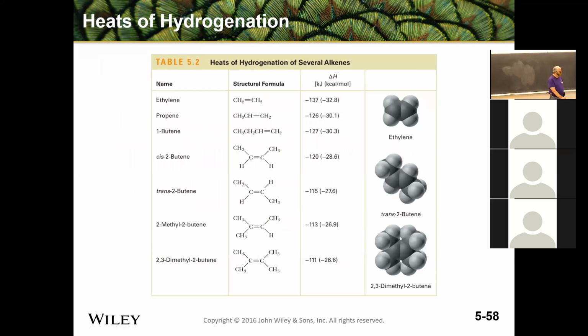So let me go back here. What they're talking about there, this is the cis. So there's some repulsion occurring between these 2 methyl groups. It's like the torsional strain that we saw in the eclipsed form of butane or in small cyclic alkanes.